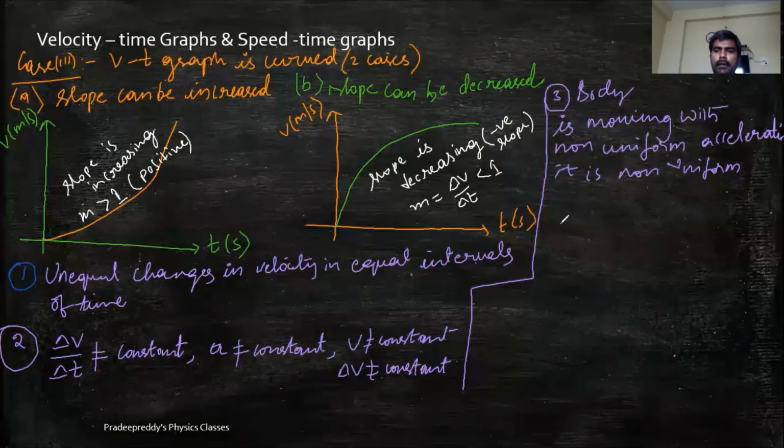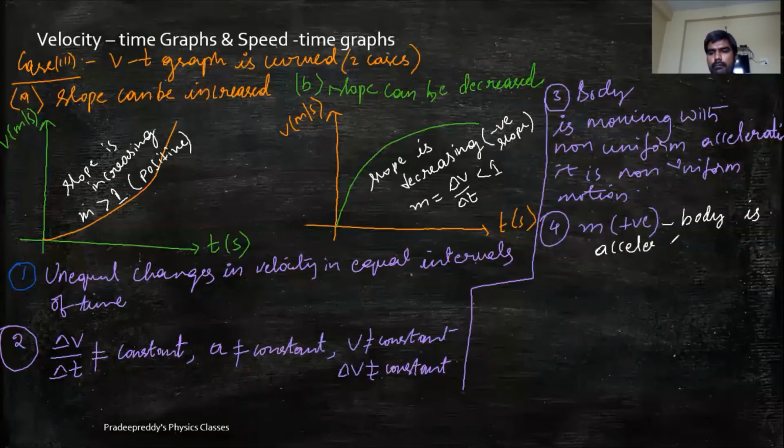In the first case, slope is increasing. If m is positive, what does it mean? If m is positive, it means that body is accelerating. Acceleration is also positive.